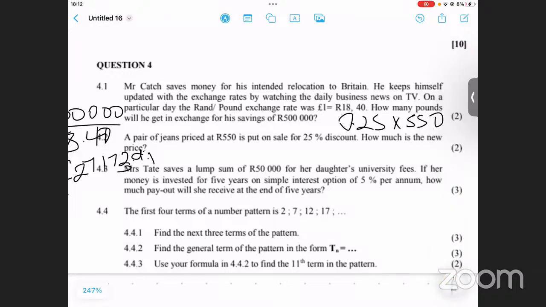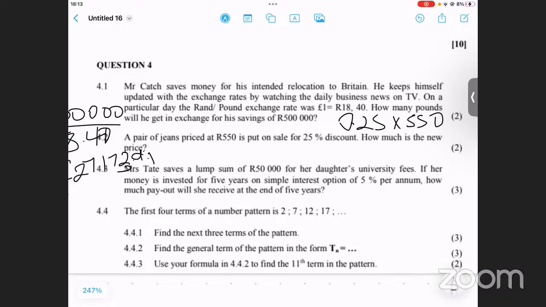When you say 0,025, that means it's 2,5%. You must make sure you put it on your calculator and not assume that 25% is 0,025. Perfect. You can continue, Bikanyo.